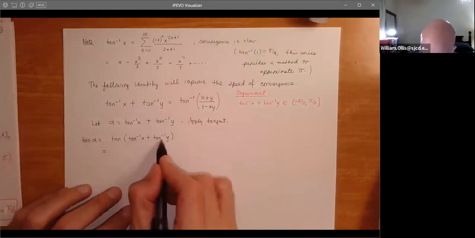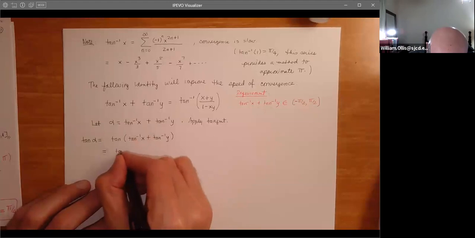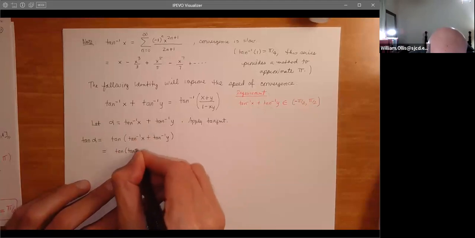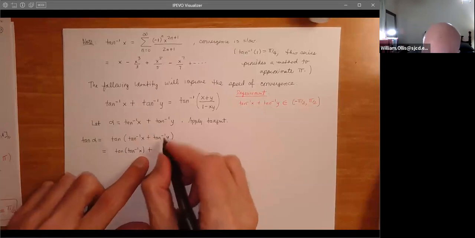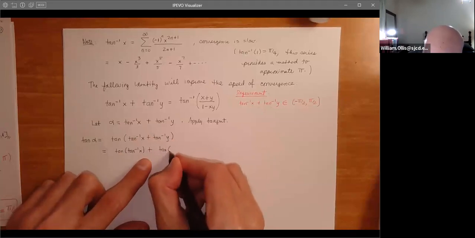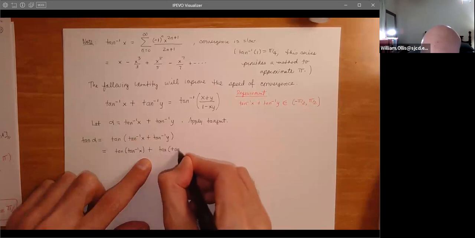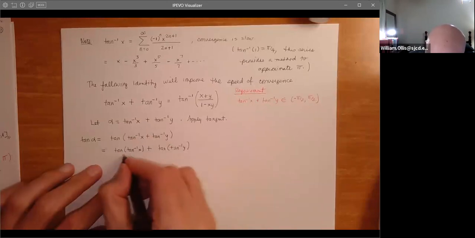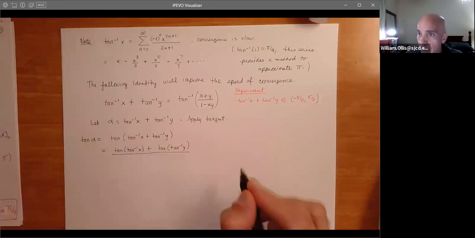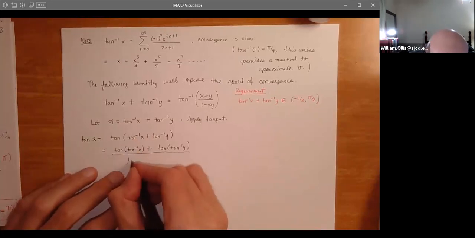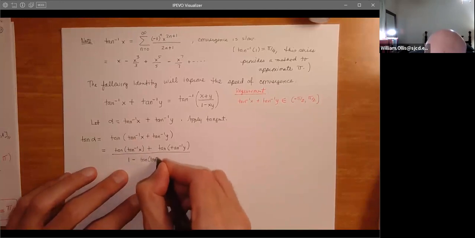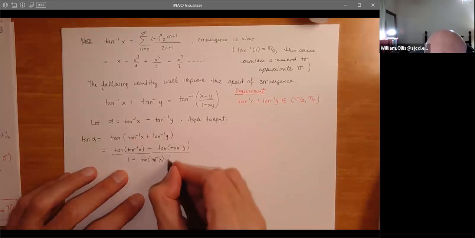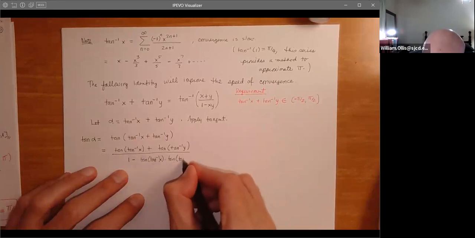So this is the A and this is the B. So this will be tan of inverse tangent of x plus, using the addition formula for tangent, tan inverse tangent of y. Remember, you get tan A plus tan B divided by 1 minus tan A times tan B from pre-calc. And then, of course, we get minus tan of inverse tangent of x times tan of inverse tangent of y.